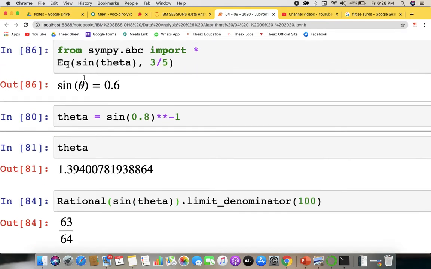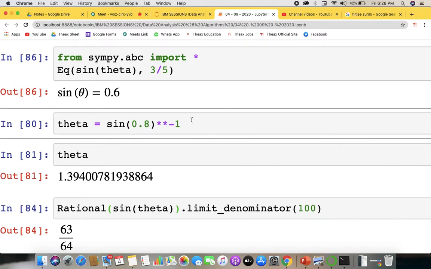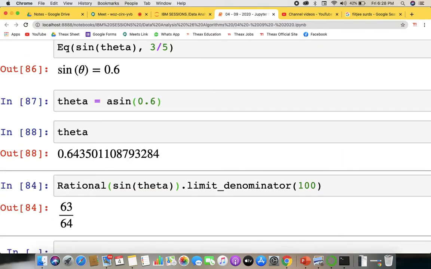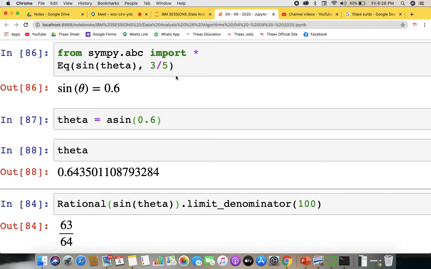See guys, so sine theta is equal to 0.6. So I should not write it like this, right? I will be writing sine inverse of 0.6. That's it. So theta will be sine inverse of 0.6. From there we'll get the value of theta. That's nice. So sine theta equals 3 by 5 and theta is equal to 0.64.